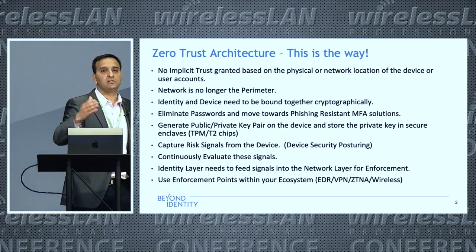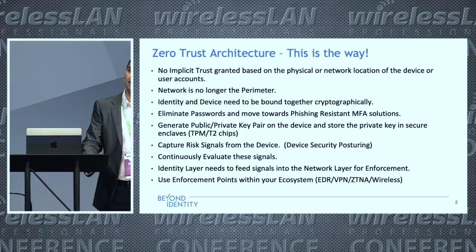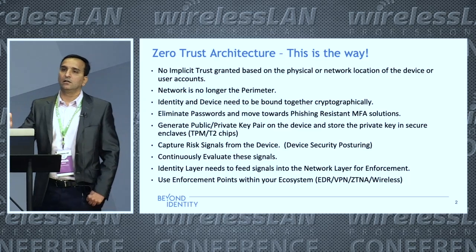On Windows machines there is something called a TPM, and on Macs there's a T2 chip, and this is where you store the private key when you're generating it on the machine. So you're basically generating a local certificate authority, decentralized, rather than a centralized certificate authority.